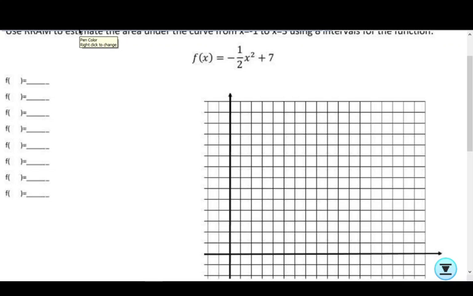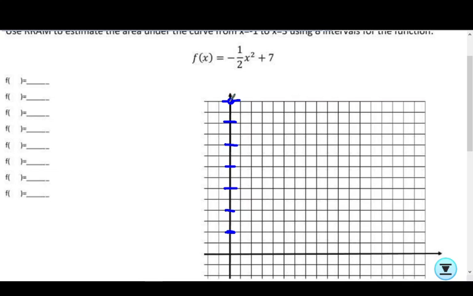So our function is -1/2 x squared plus 7. This is a parabola that's been vertically compressed, reflected so that it opens down, and then shifted up 7. I'm going to use every 2 to be 1, so it's 1, 2, 3, 4, 5, 6, 7. This is where my vertex is.